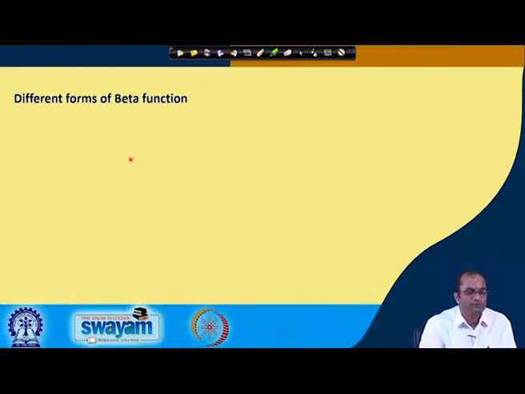And now we have also several different forms, like we have seen just for the gamma functions, by some substitution we got another form. Same thing happened for beta functions. So, let us just go through some forms that could be useful to evaluate the integrals or to recognize the integrals in a different format.